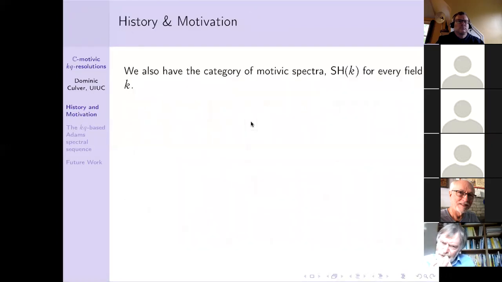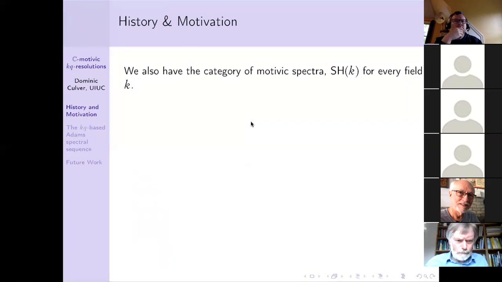All right. So another side of what motivated me and JD is coming from motivic homotopy theory. There's this category of motivic spectra called SH(k), and you have one for every field k.